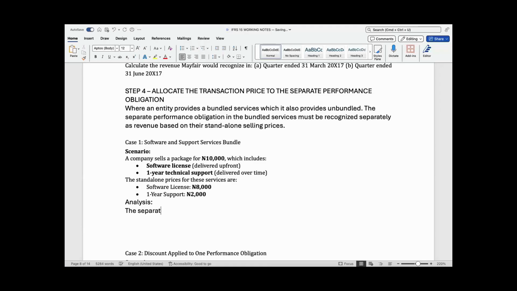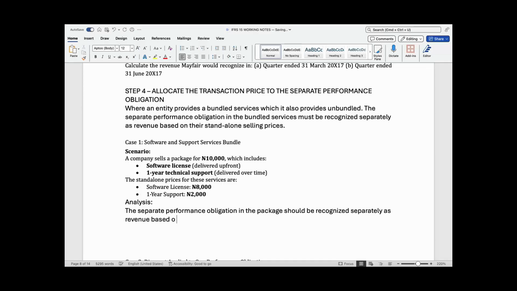the separate performance obligation in the package should be recognized separately as revenue based on their standalone selling prices.